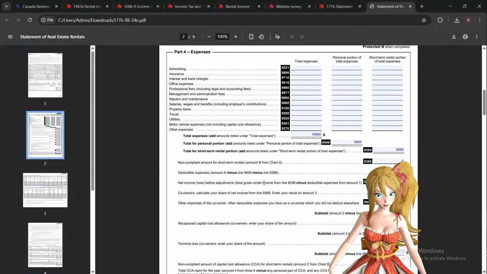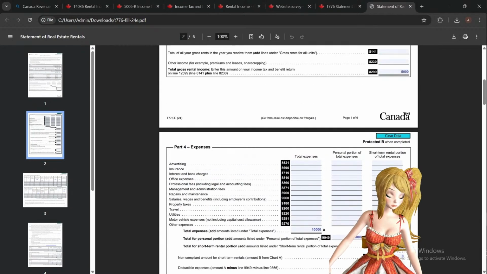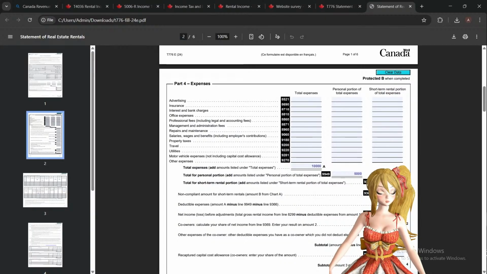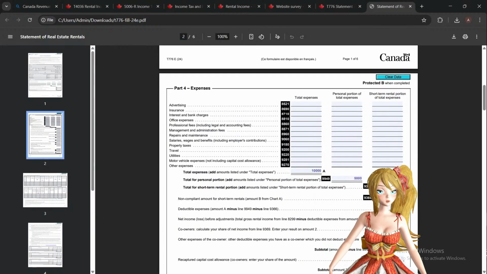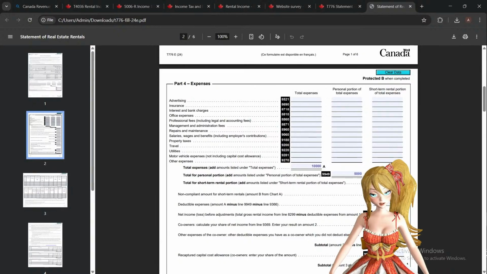Do this math. So 5,000 minus 5,000 is 0. Okay. That works too. Wait, no. Minus deductible. Okay.